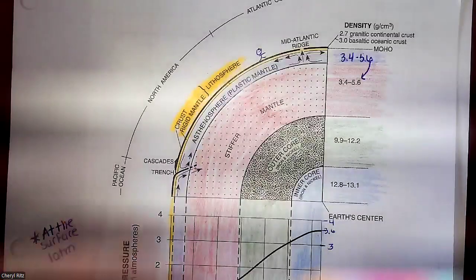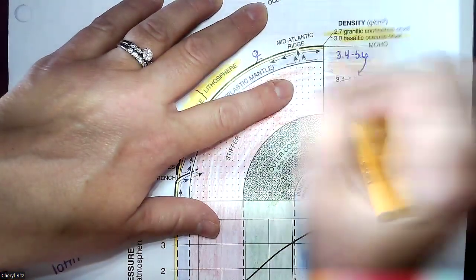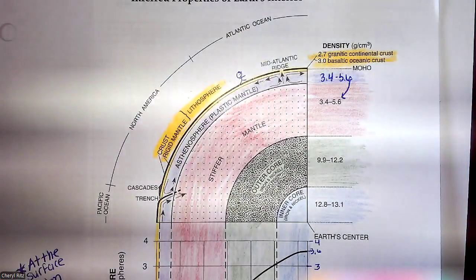Now the densities, they list them up here. The densities are slightly different depending on where you're measuring. It says it has a density of 2.7 for the granitic continental crust and 3.0 for the basaltic oceanic crust.